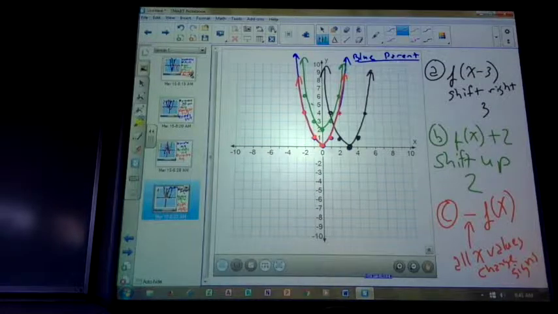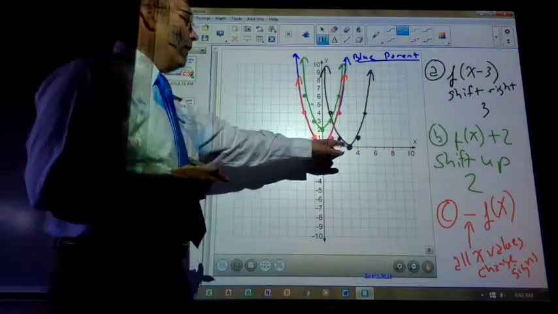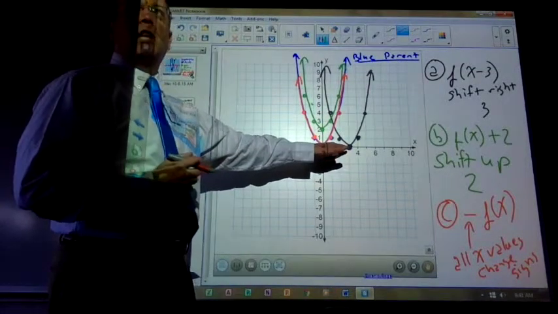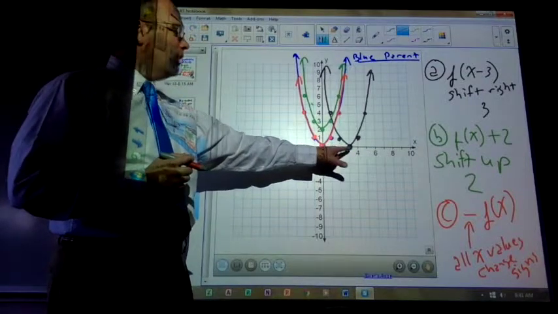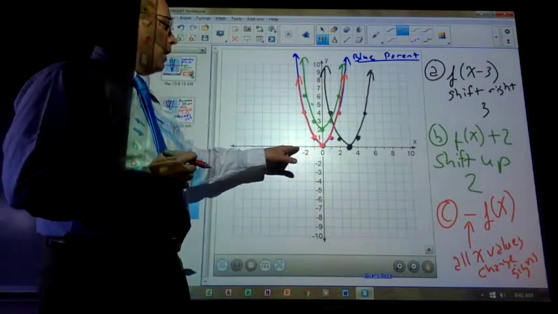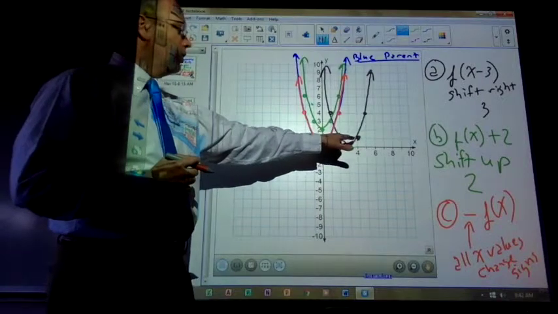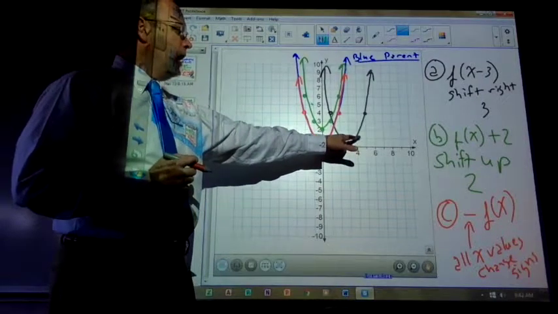It means it's symmetric about the y-axis. And so an even function, when you do the opposite of it, they match up exactly. Not all parabolas are even functions. Like on this problem here, if this black problem was our parent function and I had the negative f of x, this becomes here. This becomes negative 4, 1.